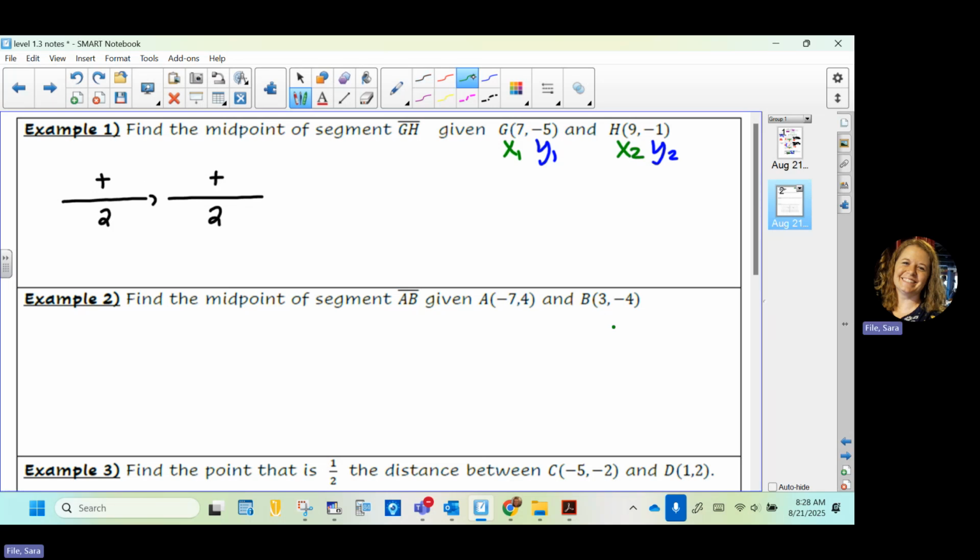So I can add my X values. You can do 9 plus 7 or 7 plus 9. It does not matter, but those are your X's. And then for your Y's, you've got a -5 and a -1. And again, it doesn't matter because you're adding, so you can put them in whichever order you want. Okay, so what's 9 plus 7? 16.